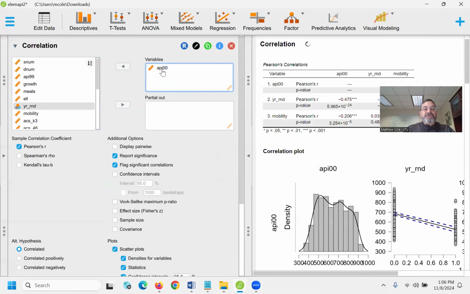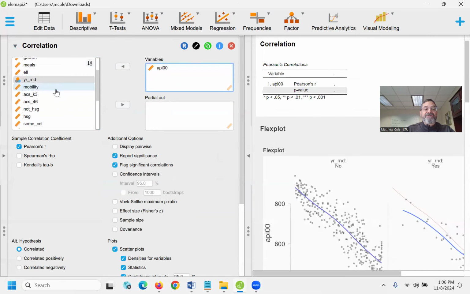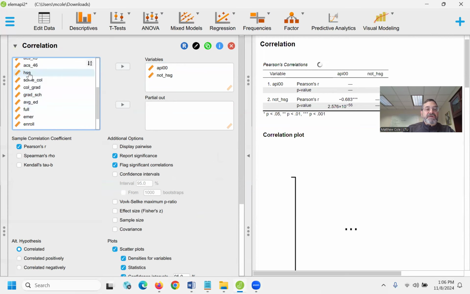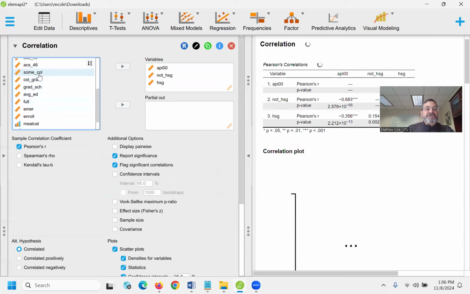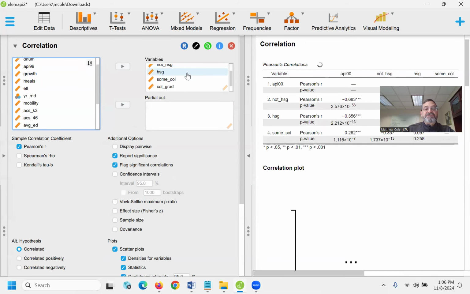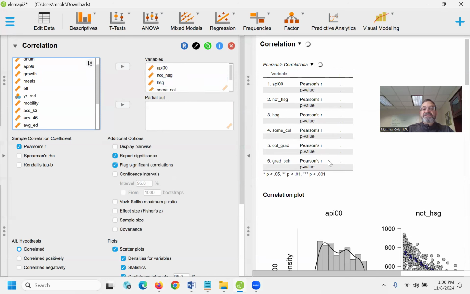Let's say we wanted to look at API and all of the parent education variables: percentage that didn't have high school, percentage that had some high school education, percentage of parents that had some college, percentage of parents that are college graduates, and percentage of parents that had some grad school. So 1, 2, 3, 4, 5 predictors, and 6 variables altogether.